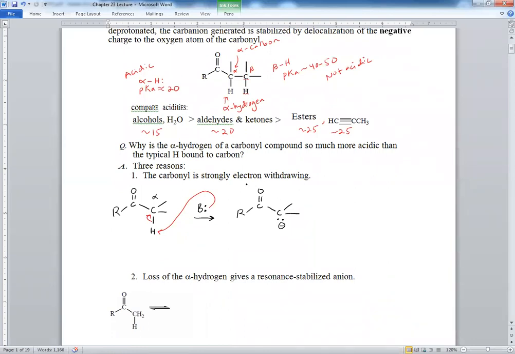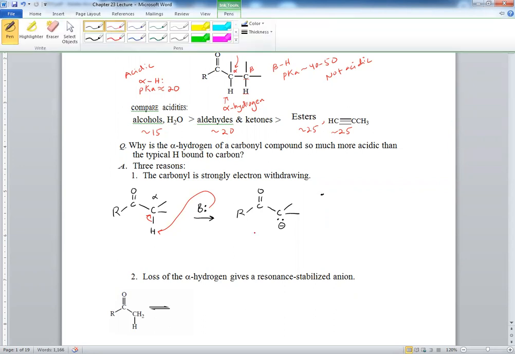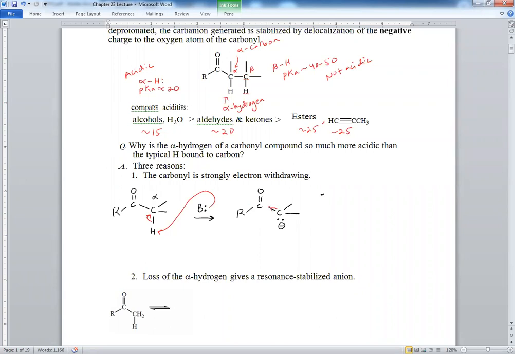The first reason is the carbonyl is electron withdrawing. We've learned about this since the beginning of the semester, even with the Diels-Alder, how a carbonyl group is electron withdrawing. So what has happened here is you have an inductive effect because of that oxygen drawing electron density toward the oxygen. Remember, the oxygen is electronegative.